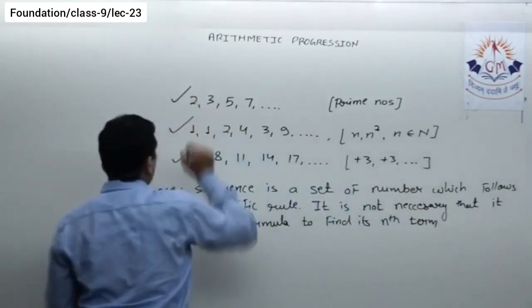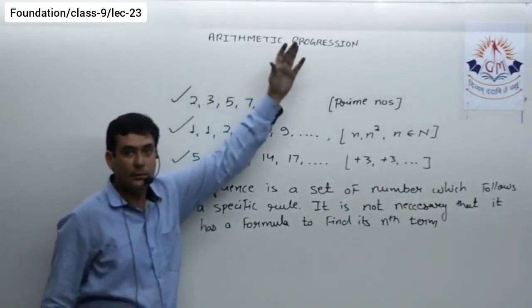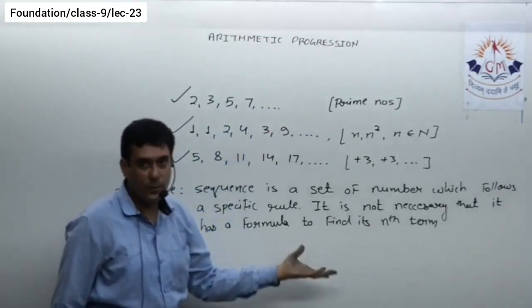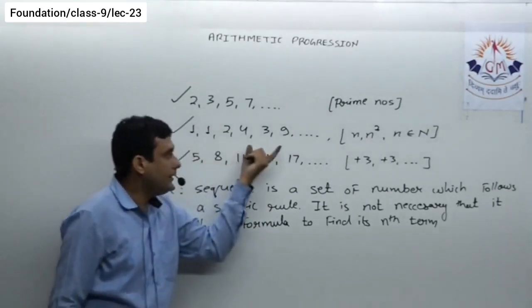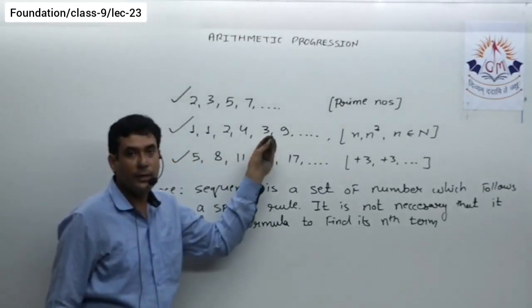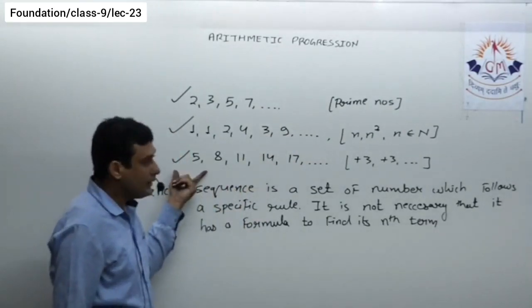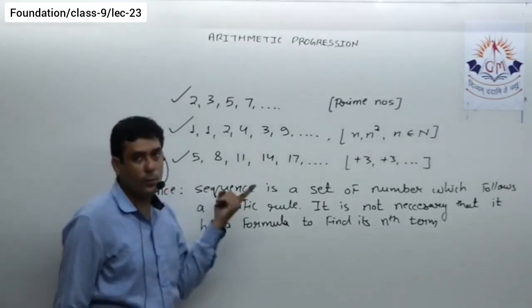This is a sequence, but there isn't any formula to find the 19th prime number or 20th or 21st prime number. Here again there isn't any formula to find the nth term, but here there is a formula to find the nth term, so that's why we'll say this is a progression.